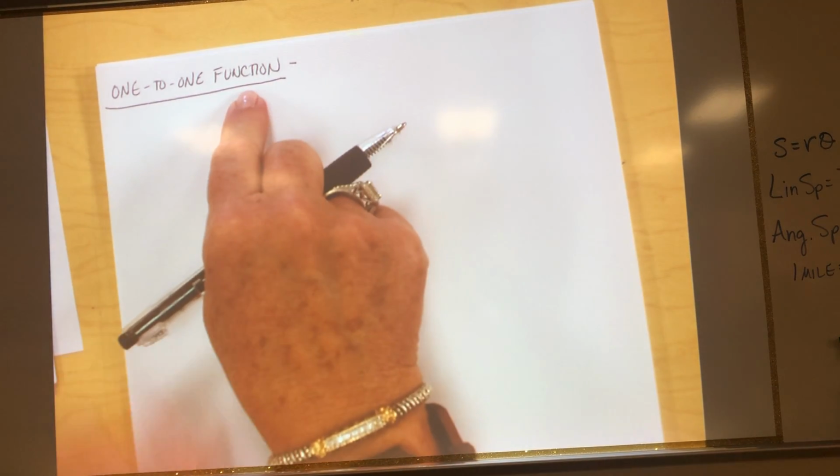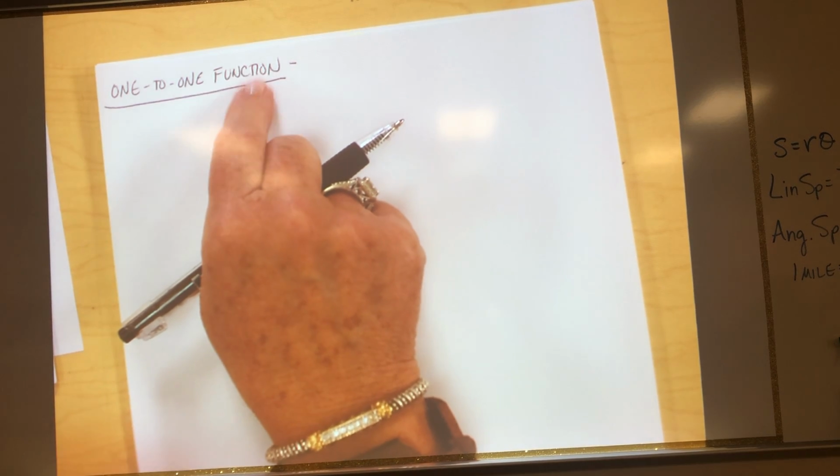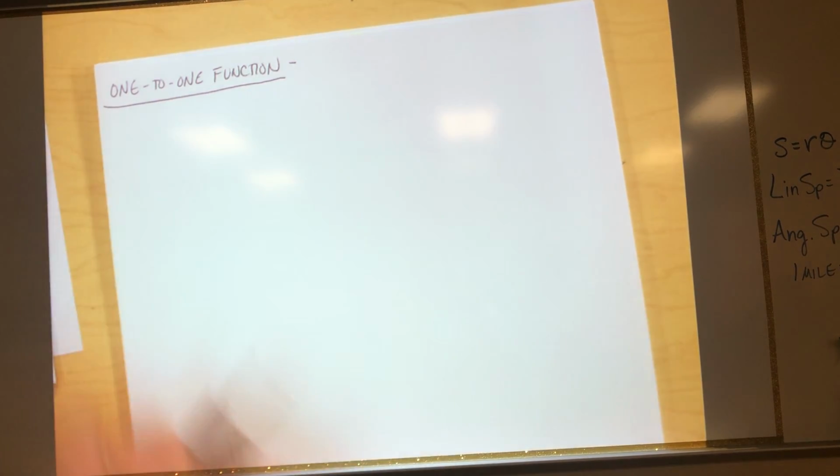First of all, listen to this. If it's not a function, can it be a one-to-one function? That's the craziest thing I've ever heard. On the test, there's gonna be some questions that say, is this a function? Is it one-to-one? Here's what some kids will do. Is this a function? No. Is it one-to-one? Yes.